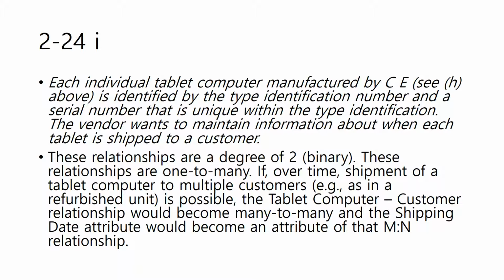These relationships are one-to-many. If over time, shipment of a tablet computer to multiple customers, for example in a refurbished unit, is possible, the tablet computer customer relationship would become many-to-many, and the ship date attribute would become an attribute of the associative relationship.